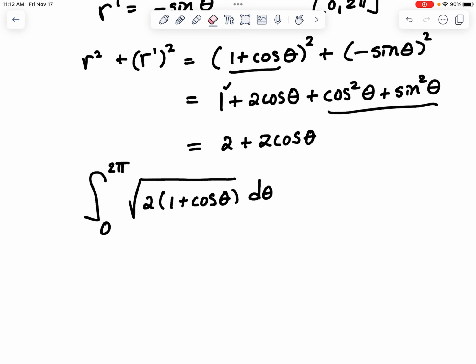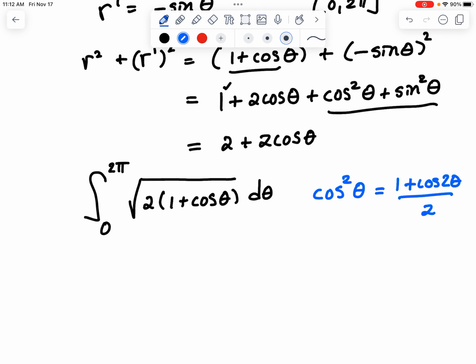How about the identity that says, and I'm going to put the identity in blue, cosine squared theta equals 1 plus cosine of 2 theta over 2. And we usually use this identity going this way, that you have a cosine squared you're trying to integrate and you have trouble with it, so you use this identity going from the left to the right. But we are going to go the other way around.